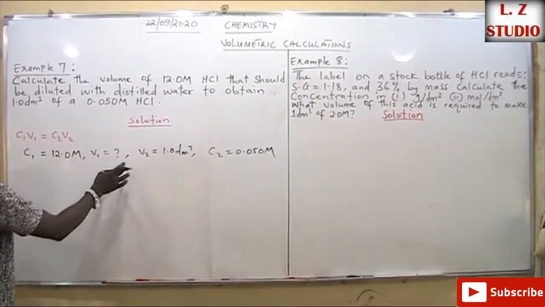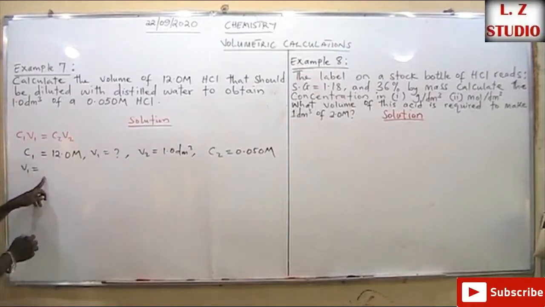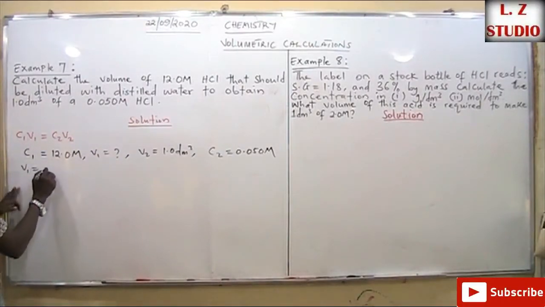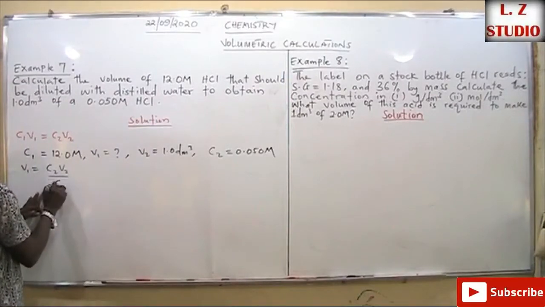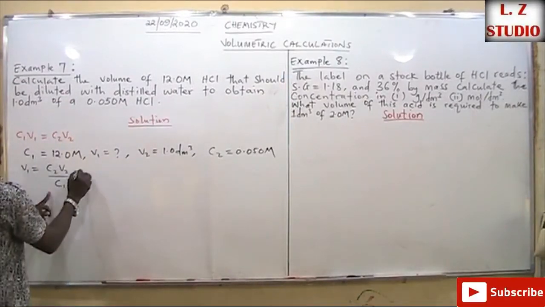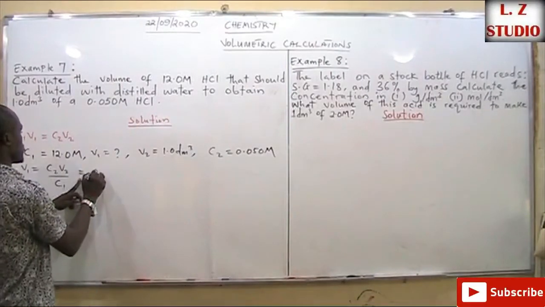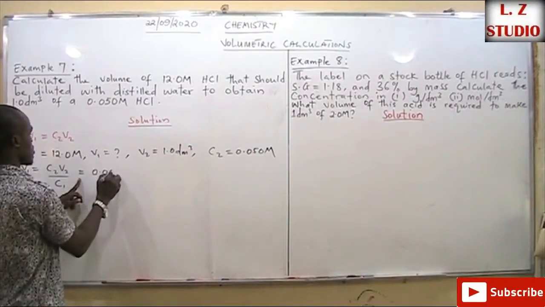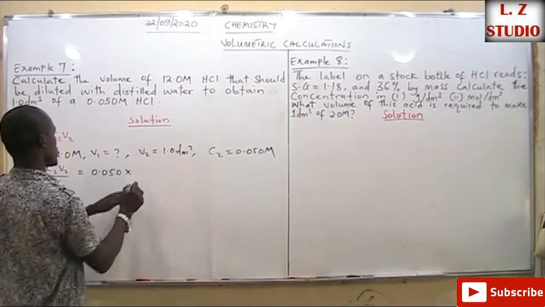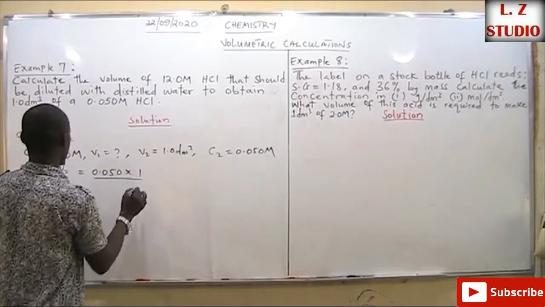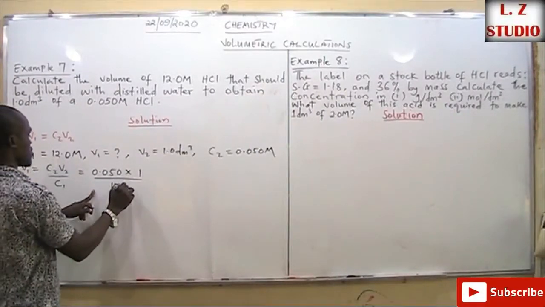So when we make V1 the subject of our relation, we are going to have C2 V2 all over C1. So our C2 here is 0.05 times V2, which is 1, divide everything by C1, which is 12.0.